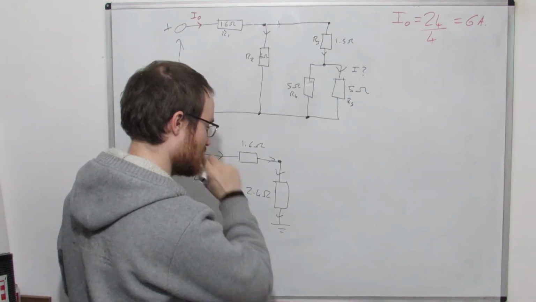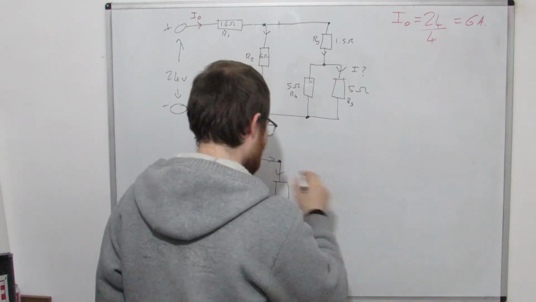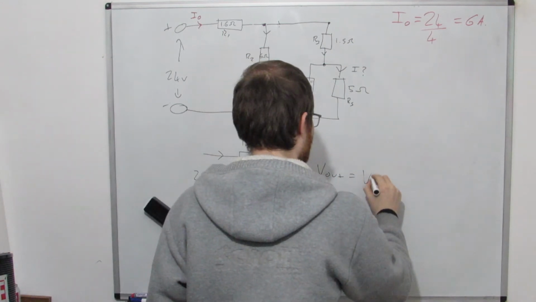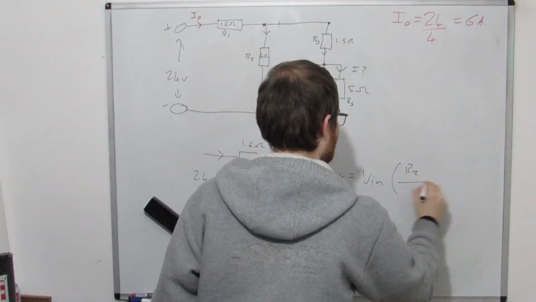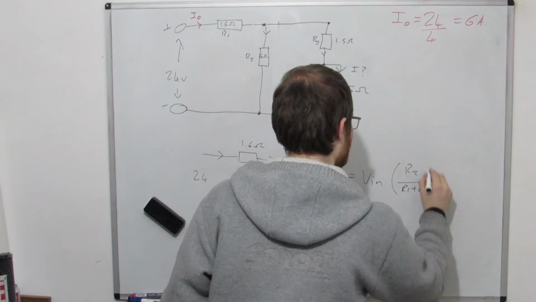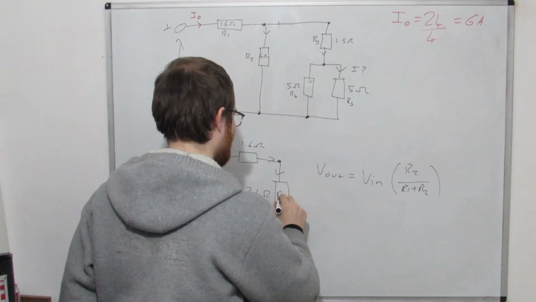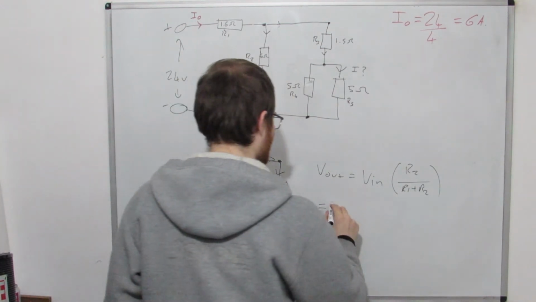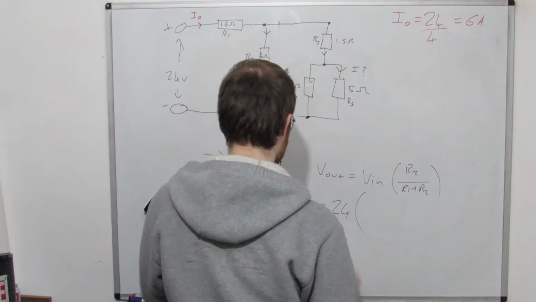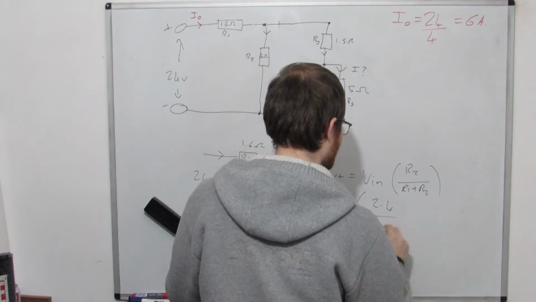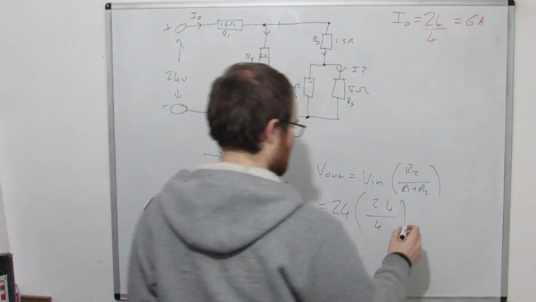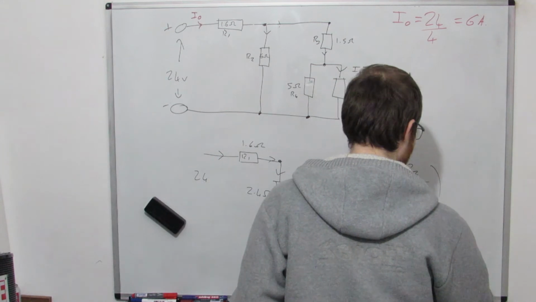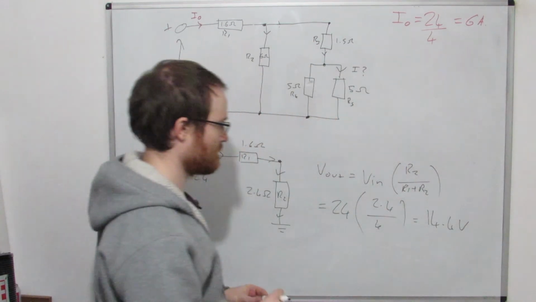We know from our voltage divider equation that the voltage at this point, V out we'll call it, is equal to V in times R2 over R1 plus R2. This is R2 here, this is R1, and that's equal to 24 times 2.4 over 4, which is equal to 14.4 volts.